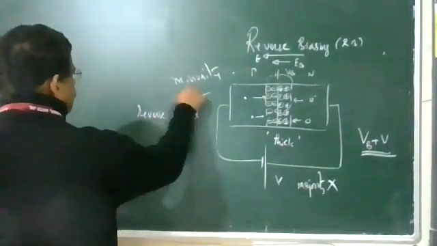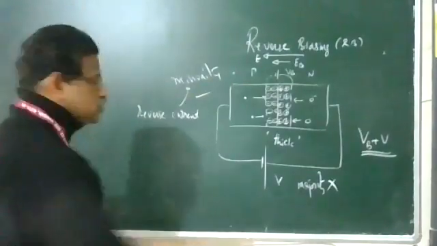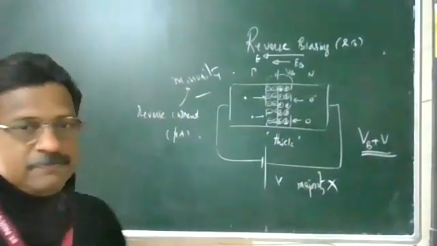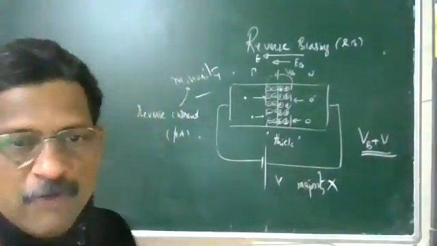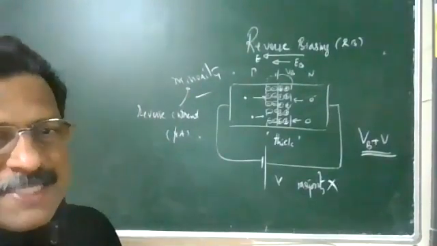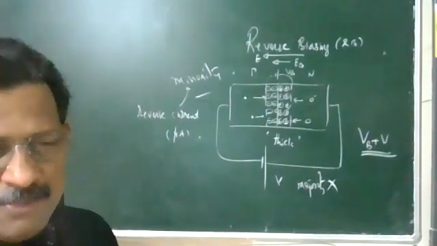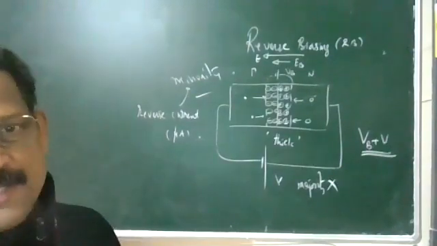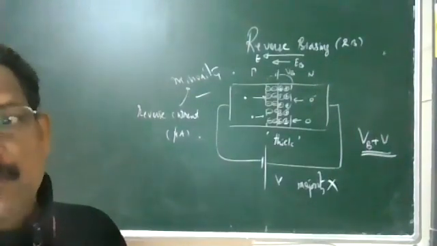This is for minority carriers, and usually it is of the order of microampere. Since the current is small, you can see that there is resistance, so the current is less, so the resistance value will be high.